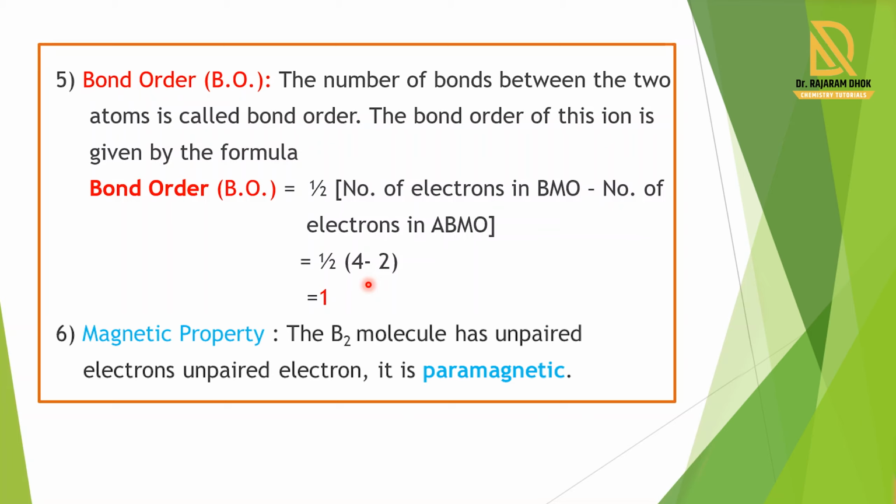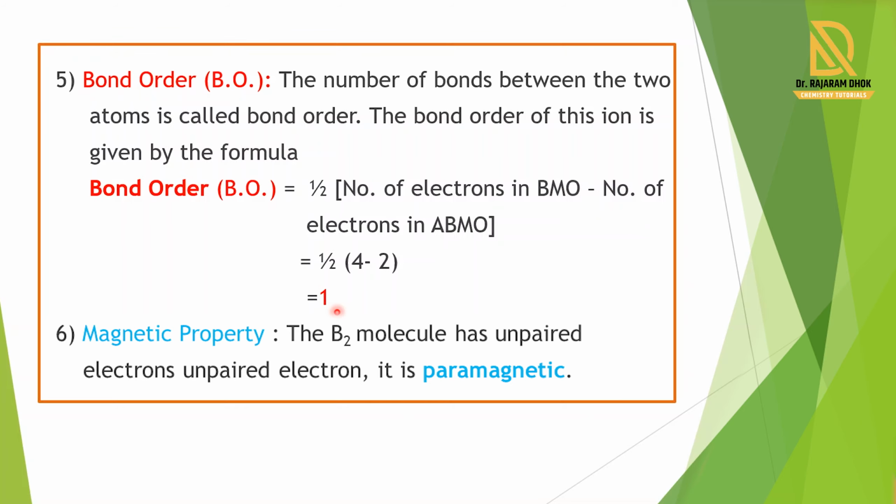In anti-bonding molecular orbitals there are 2 electrons. So we subtract, 4 minus 2 divided by 2, and by calculation we get bond order 1. Bond order 1 means that between boron and boron a single sigma bond is present. So the boron molecule contains one sigma bond and that bond is stable.